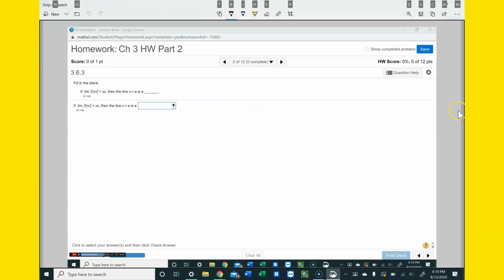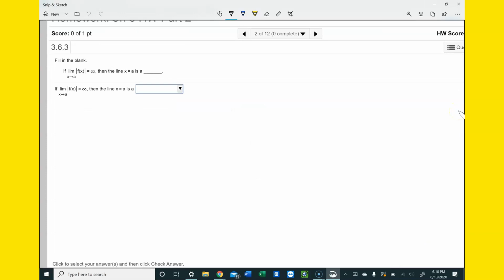All right. So next question. If the limit as x approaches a of the absolute value of f of x equals infinity, then the line x equals a is a what? All right, let's talk about what that means. Let's get a look at it. So x approaches a. So let's just say this is a.